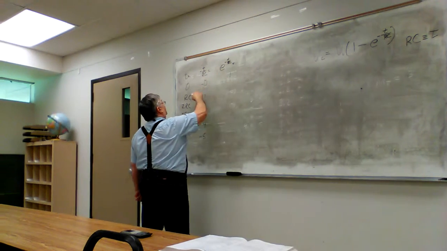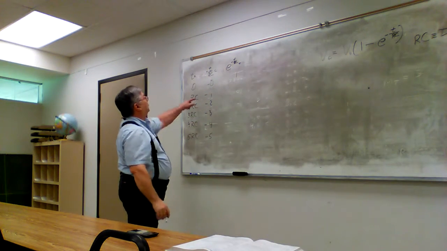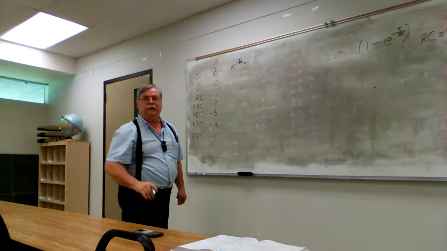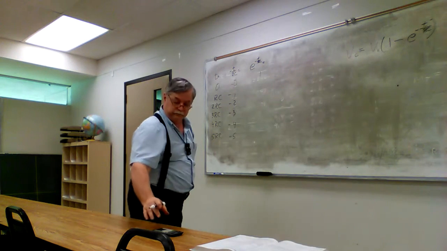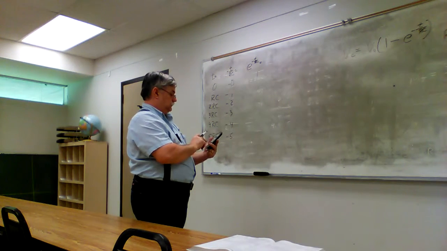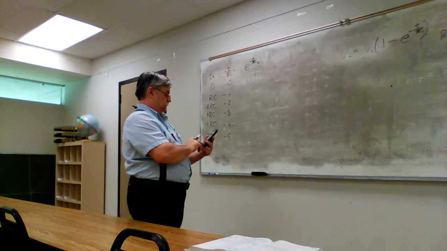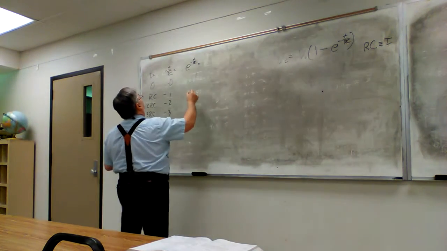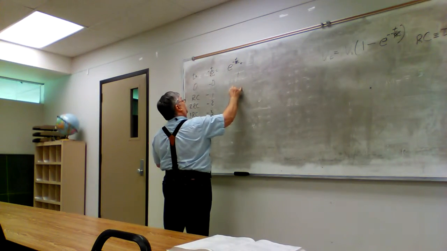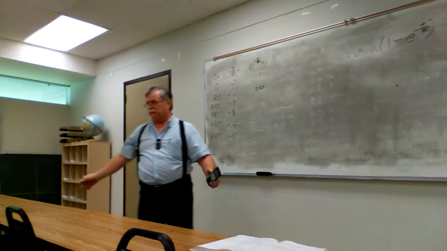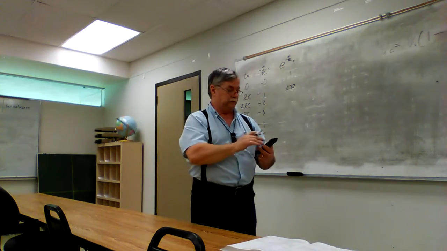When t is equal to RC, at 1 time constant, e to the minus 1 is 1 over e, or 0.37. Just stick to 2 decimal places would be good.